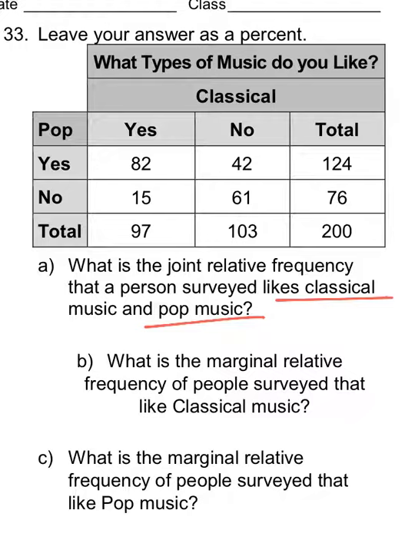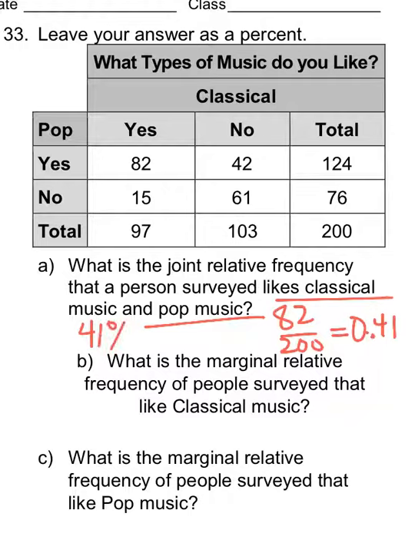If you look at the graph, yes, they like classical, yes, they like pop at the same time. It's going to be 82, so it's 82 over 200. If we change that into a percent, the 82 goes in your calculator first, then you divide by the 200. That gives you 0.41, and if you turn it into a percent by multiplying by 100, it becomes 41%.